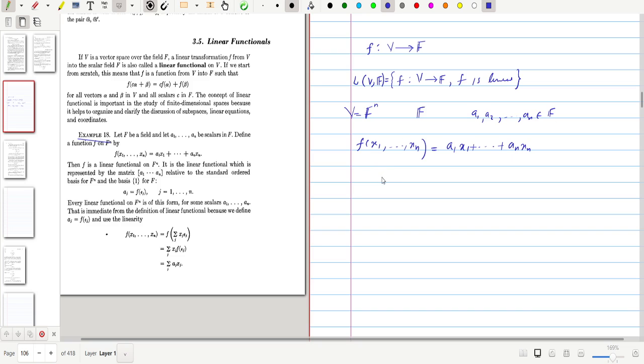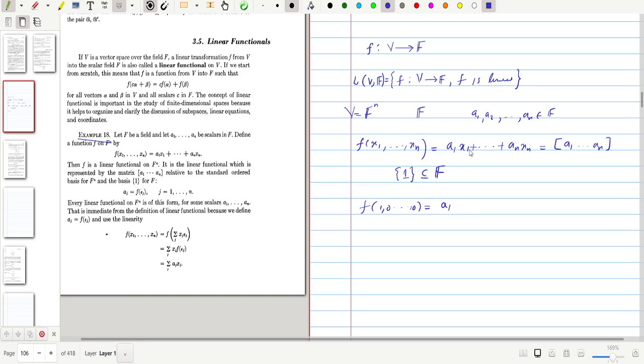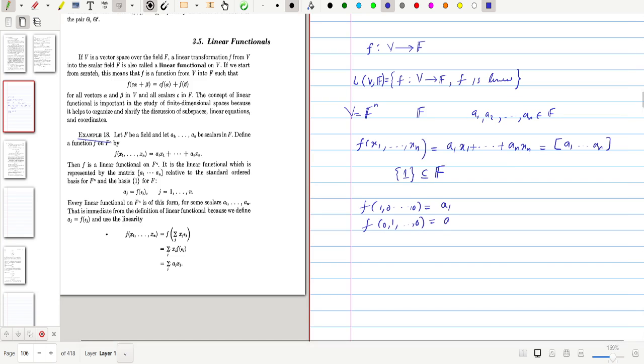because if you define a basis, 1 is a basis of F, then you can treat this as the n-tuple a1, ..., an. Because f of (1, 0, ..., 0) is equal to a1, that is a1 times 1 plus 0 and so on. So what is f(0, 1, 0, ...)? That is a2, and so on. f(0, 0, ..., 1) is equal to an.